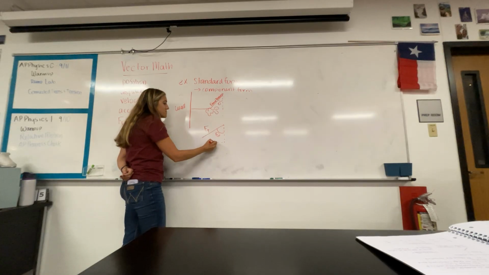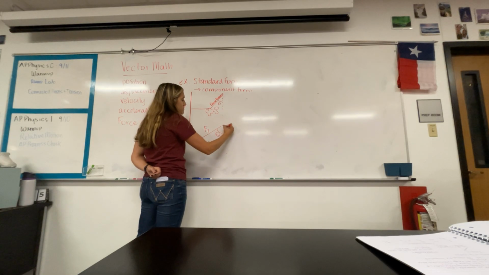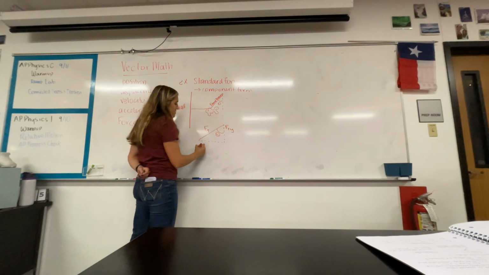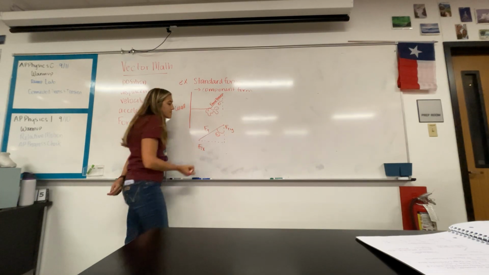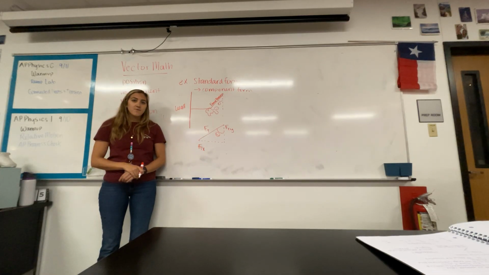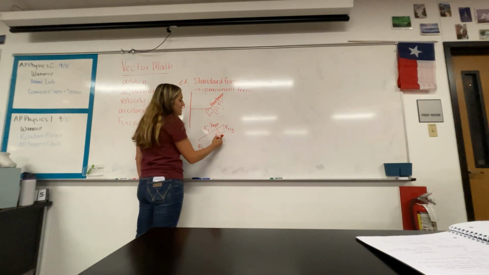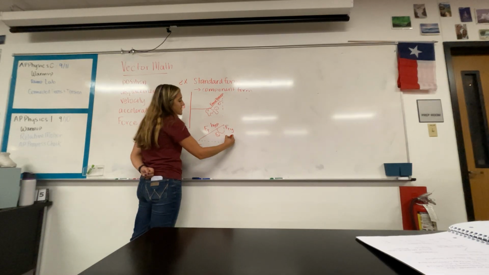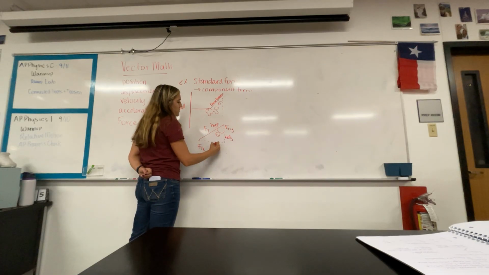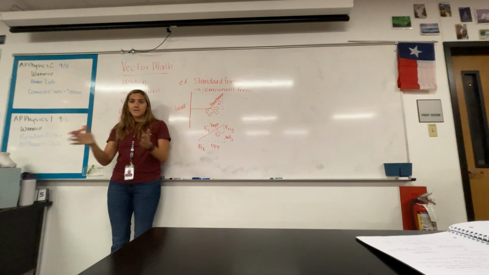If I needed to know the horizontal and vertical components of Ft, I'm going to follow the steps I just laid out. I'm going to sketch my right triangle and label my sides. This is where the angle is, so now this side is the adjacent, and this side would be the opposite, right? Opposite is actually the side opposite the angle.